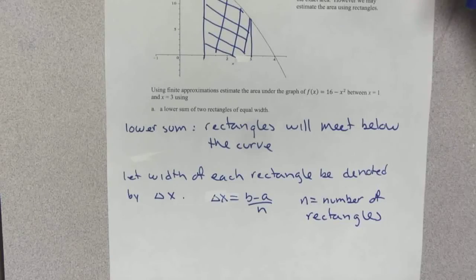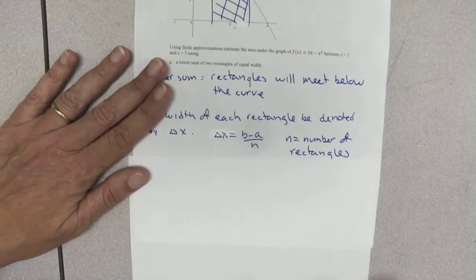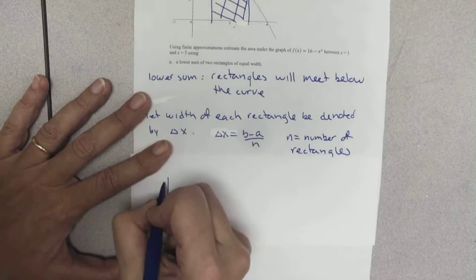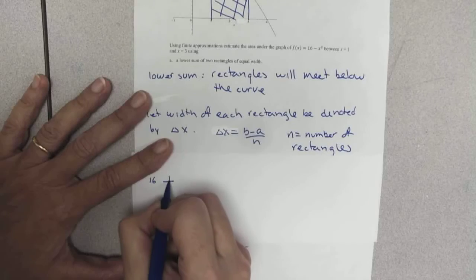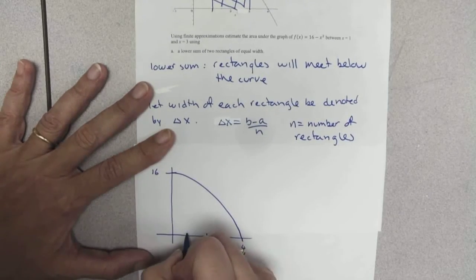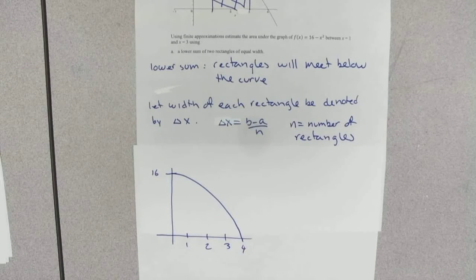Go out a little bit so you can see more of one. And I think I'm just going to go on to a new piece of paper here and redraw my picture. So there's 16, there's the parabola, 4, 2, 1, 3. Okay, so it said equal width rectangles.